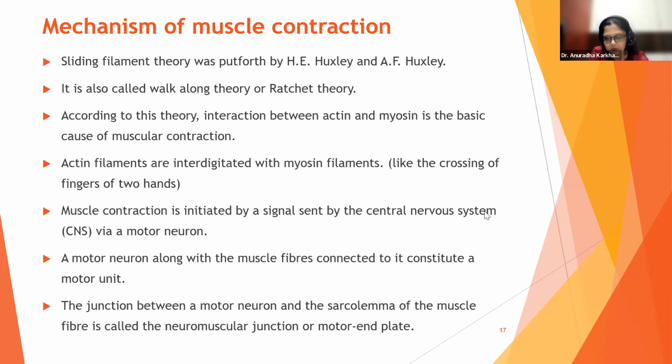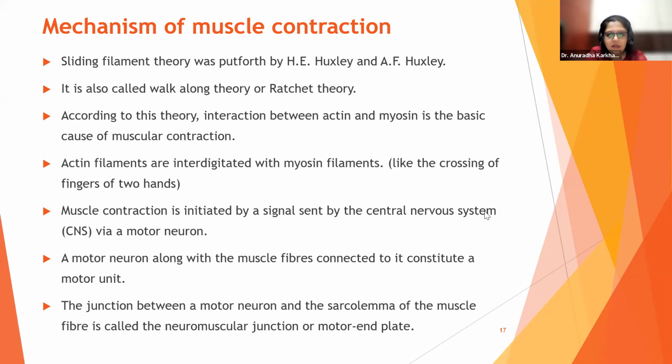According to the sliding filament theory, interaction takes place between actin and myosin, which is the basic cause of muscular contraction. So whenever actin and myosin come in contact, at that particular time, the contraction is going to be brought about. If there is no attraction between actin and myosin, contraction is not possible.